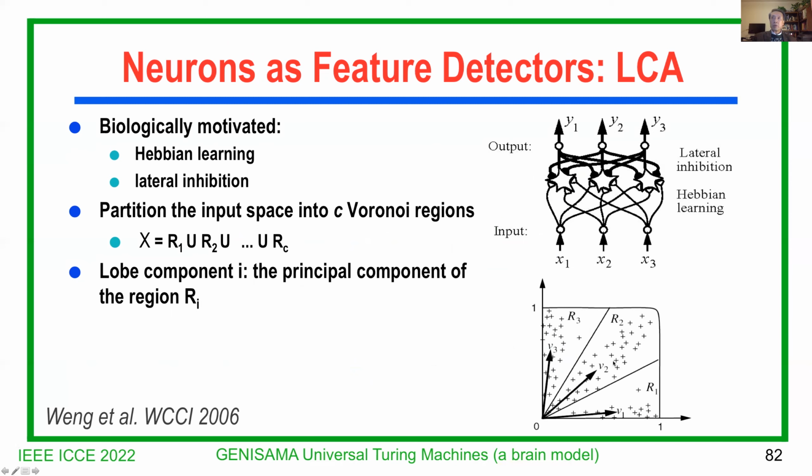In this example, 1, 2, 3 in the input space, and a lobe component i is a principal component of region i. So we only keep the first PCA of that region. We don't really do the second, all right? And we do inhibition to allow neurons to compete, but within each region, we do not have multiple neurons. We only compute the principal component, the first principal component of region i. That's related to PCA. So the lobe component in the region is the first PCA of that region.